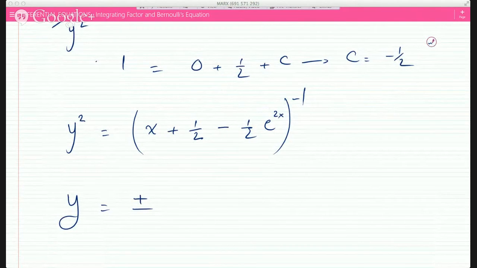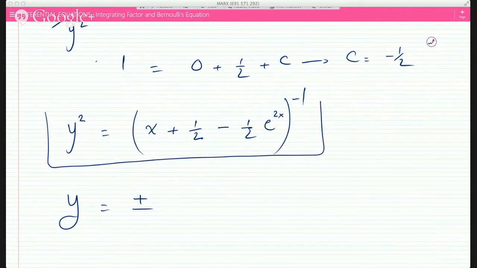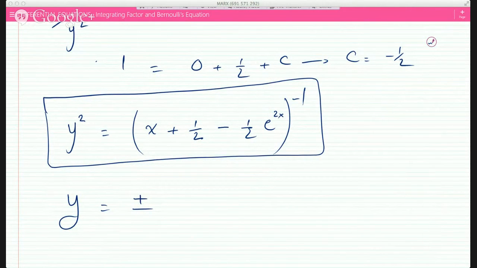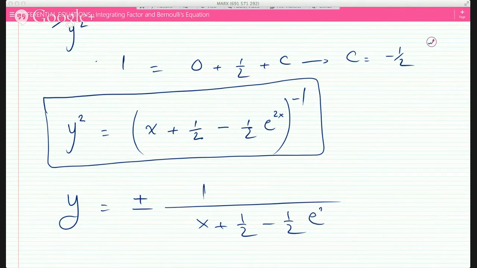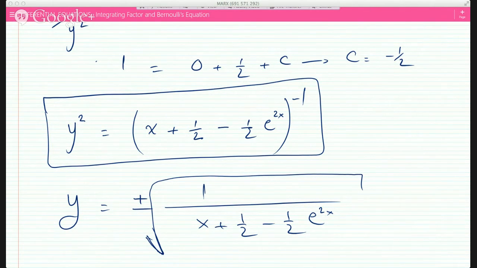If you're going to solve it explicitly, this is an acceptable answer. Or you could say plus or minus 1 over the square root of x plus half minus 1/2 e to the 2x. This is the explicit answer and this is the implicit answer.